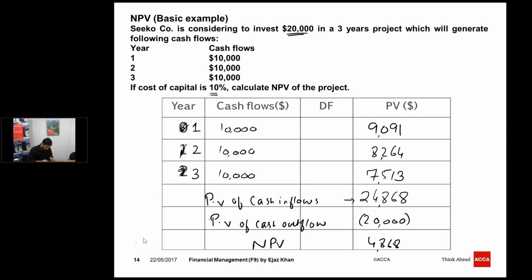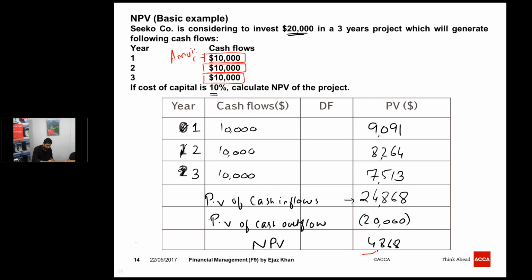So let's move. Okay, if you look at this example, each year we are receiving the same cash inflows, and in any project, if we are receiving the same cash flows every year, the cash flows will be called annuity.